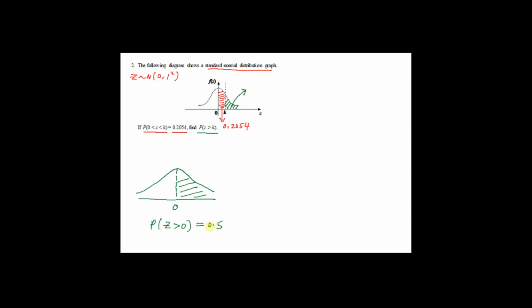So if you understand this, you want to find the probability Z more than k, you can use 0.5, that is the probability Z more than 0, minus the red shaded region, which is given in the exam. The probability is 0.2054. Therefore, your answer should be 0.2946.